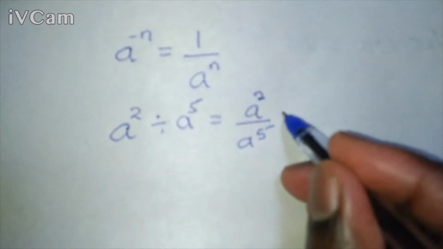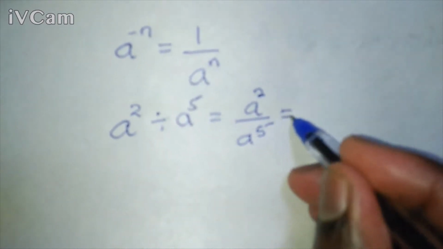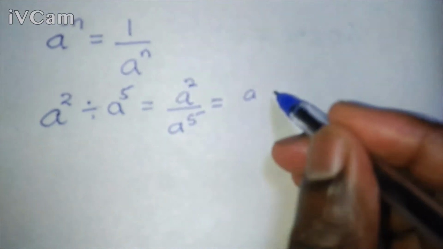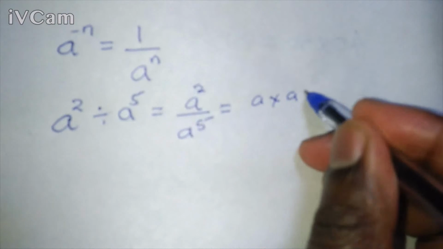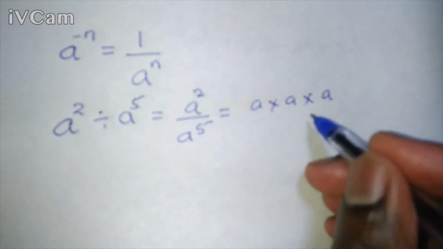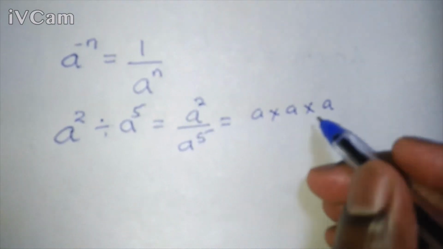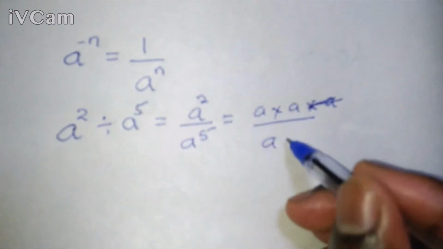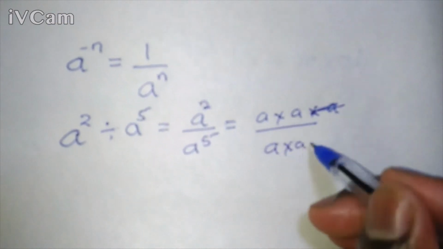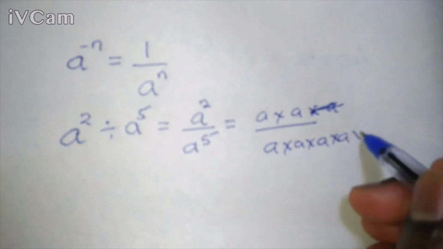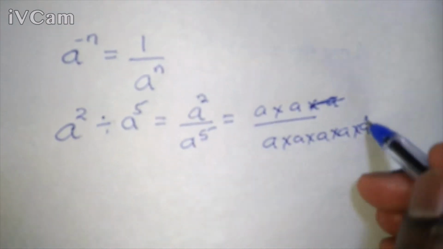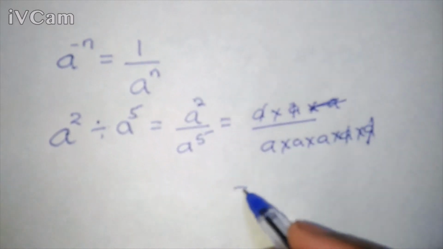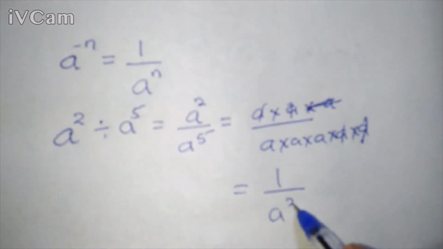Now this can be written out as a times a, those are two a's, over a times a times a times a times a, 5 of them. Then cancel this with this and this with this. You are left with 1 over a cubed.